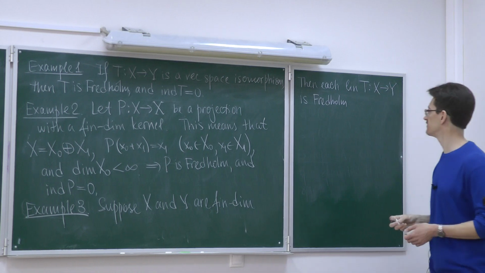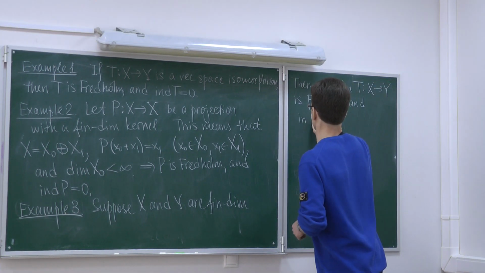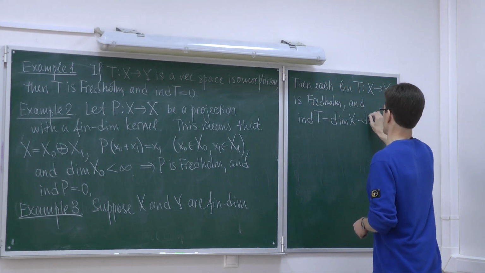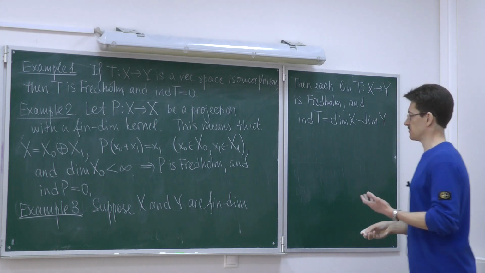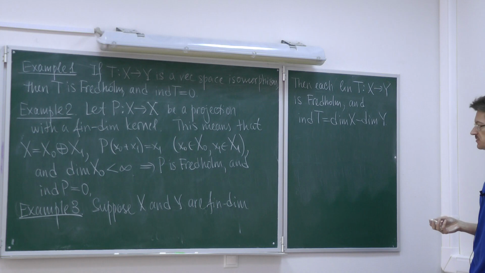This is obvious. And I claim that the index of T is the dimension of X minus the dimension of Y. So in particular, it doesn't depend on the operator. It depends only on X and Y.